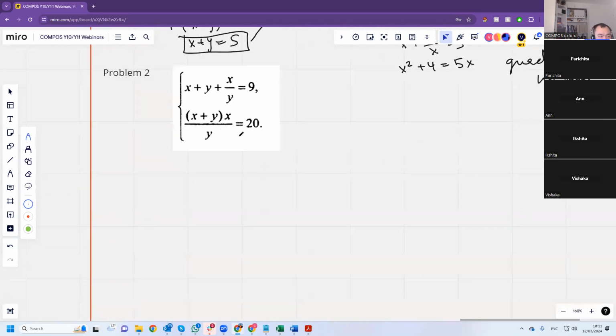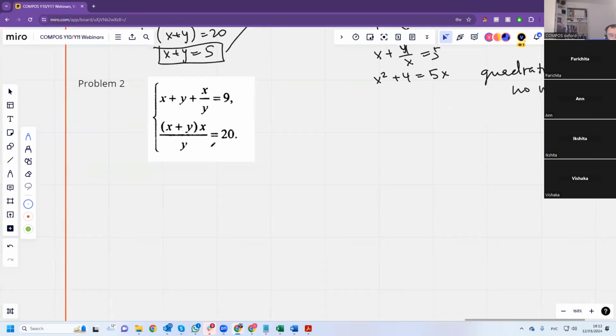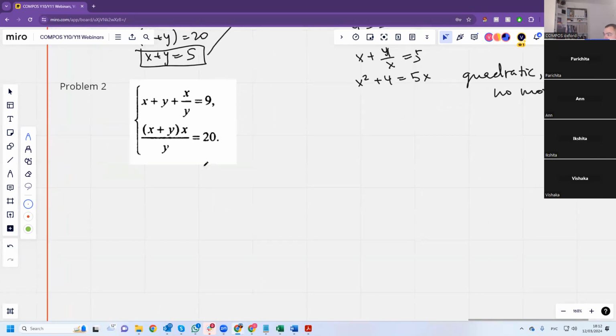All right, problem 2. Now, this is a double substitution. Can you see it? You see the double substitution? Can somebody help me?